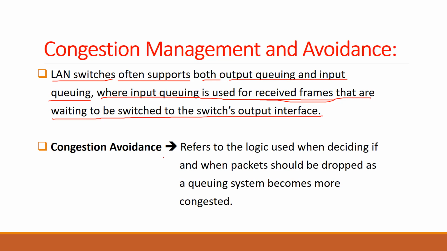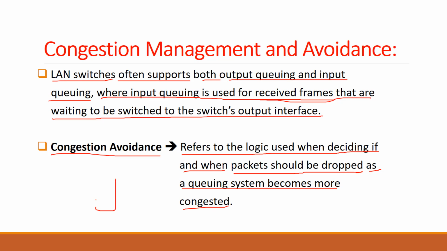Another term that should be defined here is called congestion avoidance. What is congestion avoidance? It refers to the logic used when deciding if and when packets should be dropped, as a queuing system becomes more congested. If this is the queue, like a cup, and we have packets here, that makes congestion here, it is full.